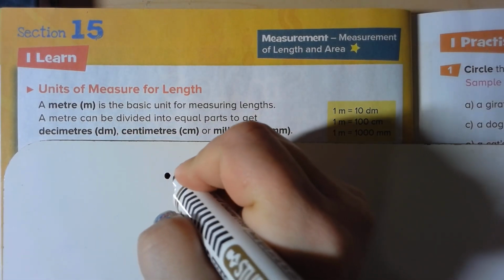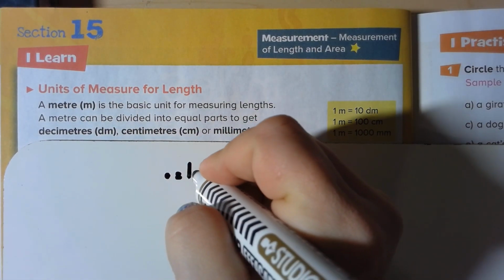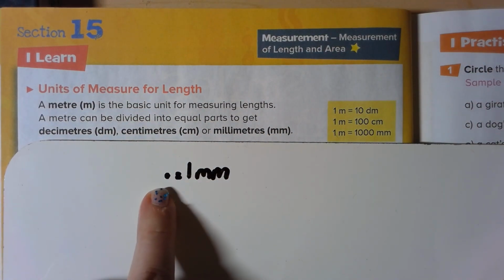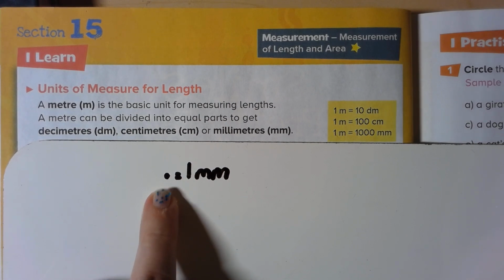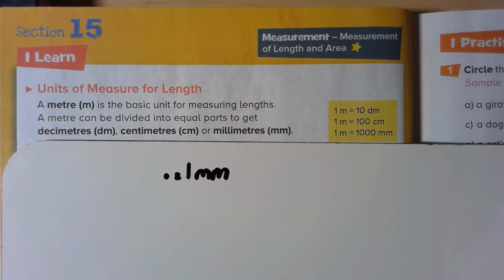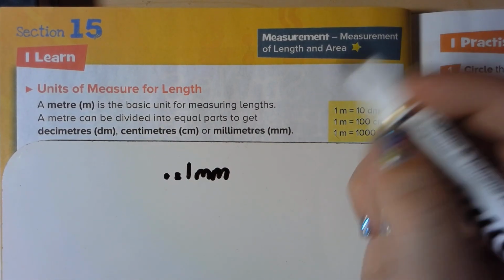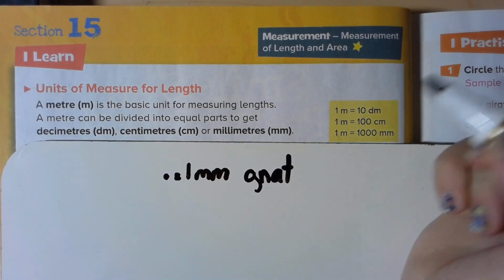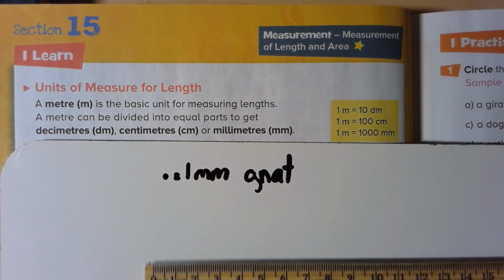This equals 1 millimeter. If I was to say an animal that's a millimeter in length, oh my goodness, maybe a gnat. G-N-A-T is a gnat. Like a little tiny fly.